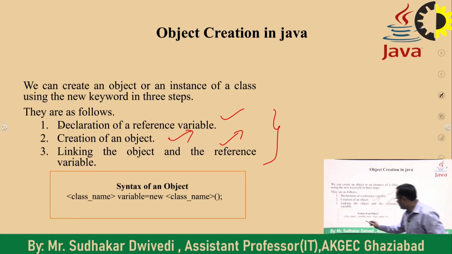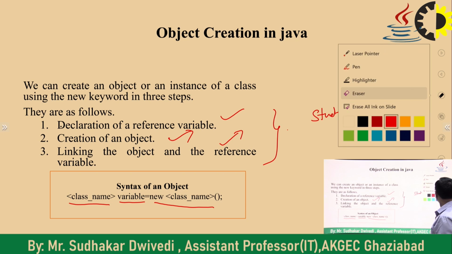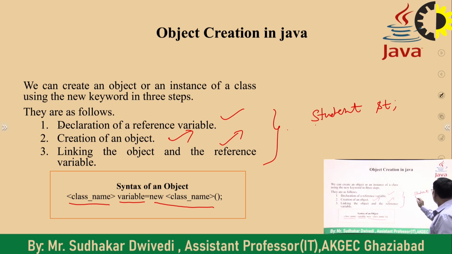So the reference variable is created here, the class name and then the variable name. We have created a reference variable. Then we create an object by using the new keyword. Suppose we have a Student class, and we have created a reference variable of the Student class type.